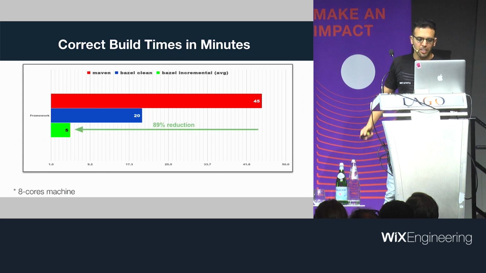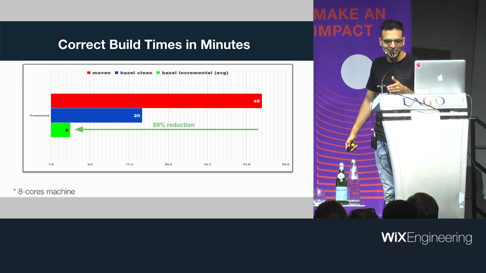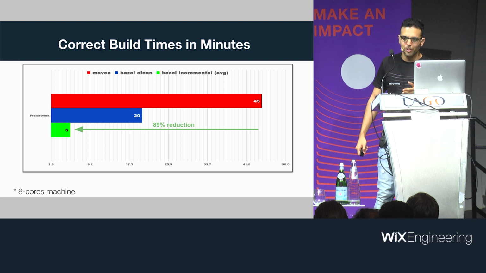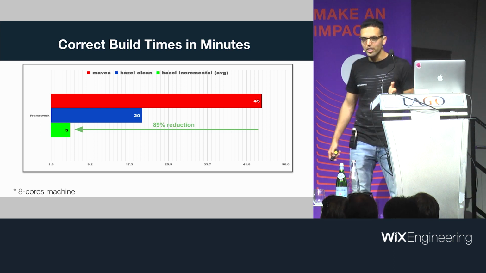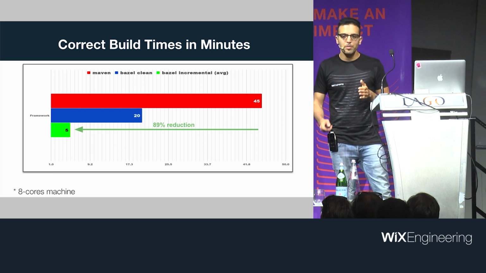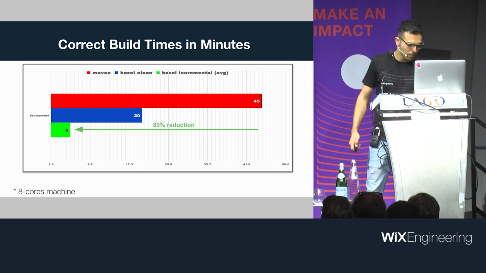If you look at the final numbers, you'll be amazed at how much build time Bazel saves. Having a correct build of framework takes 45 minutes if you do that with Maven. Doing that with Bazel takes me 20 minutes. But an actual incremental run takes me on average 5 minutes.